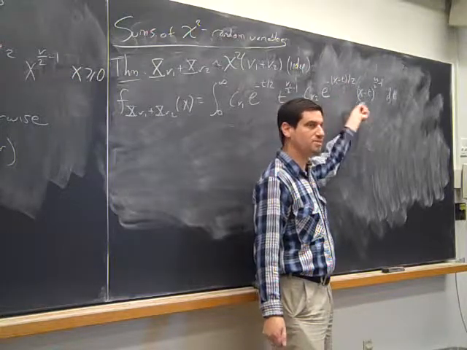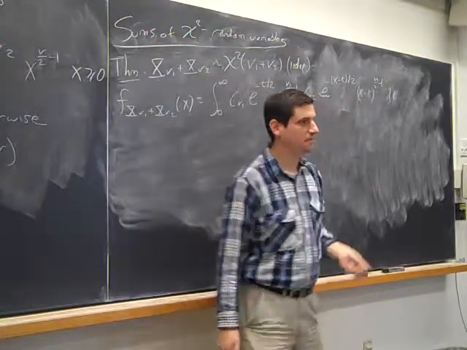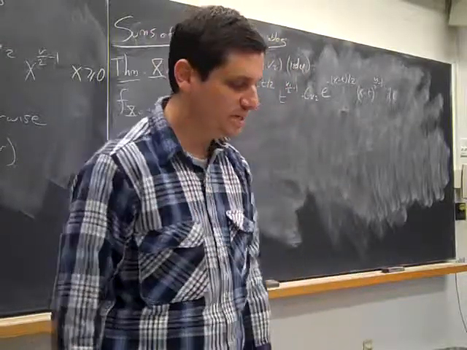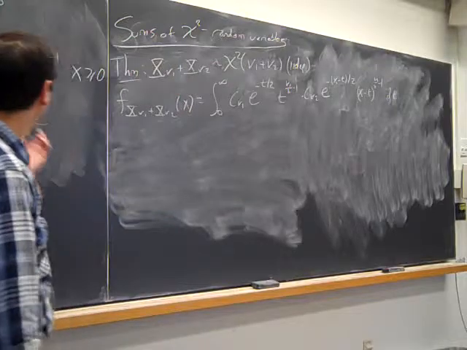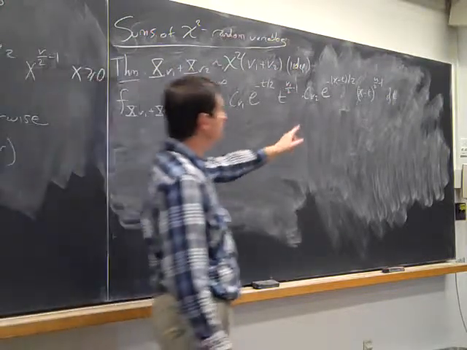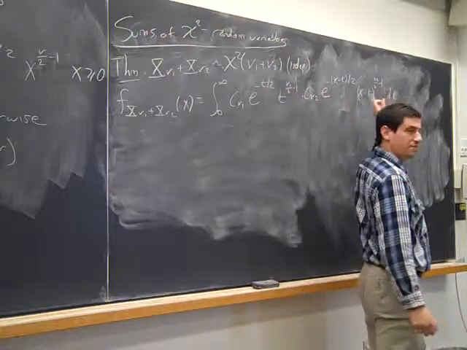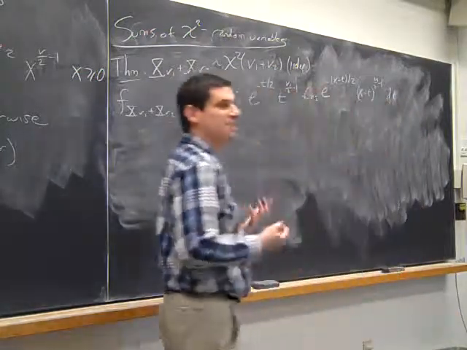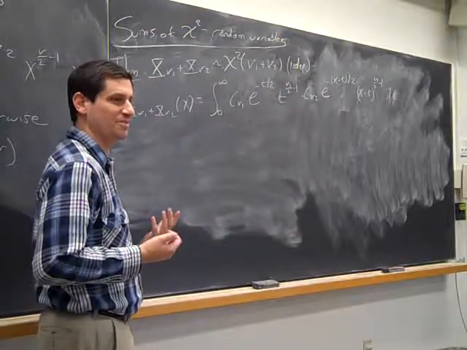This expression should be replaced by, not t minus x, what's the density of a chi-squared random variable at a negative argument? 0. So I shouldn't have this if t is greater than x. I should have 0. Okay, well, I can integrate the function 0 without too much trouble.